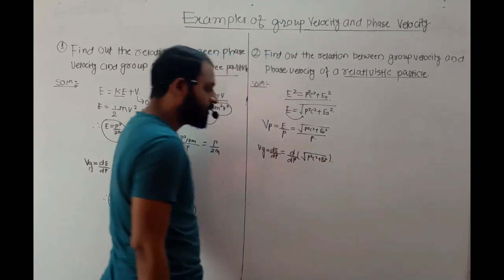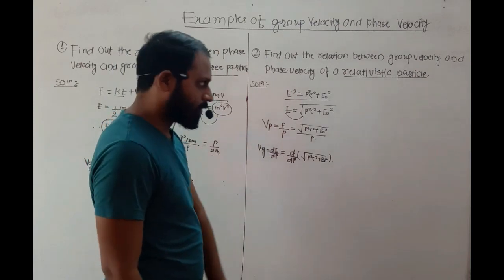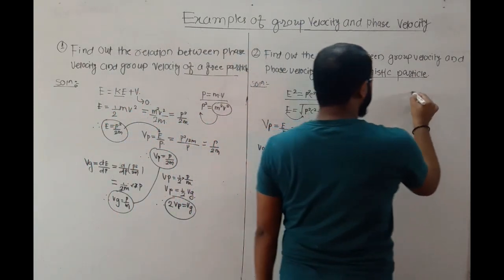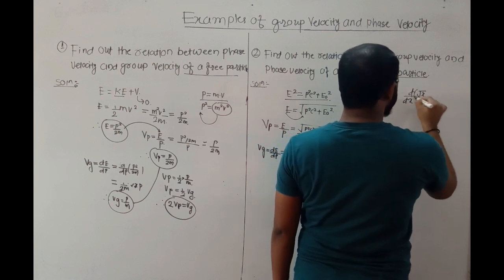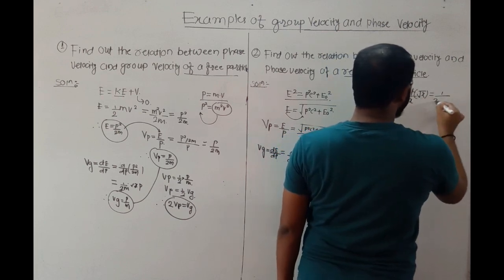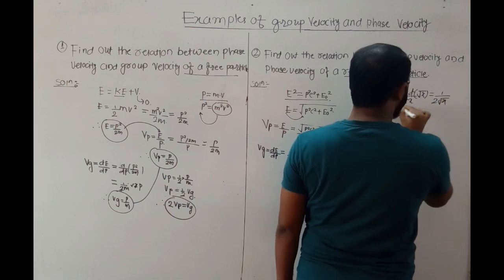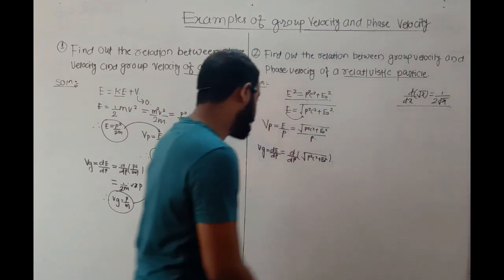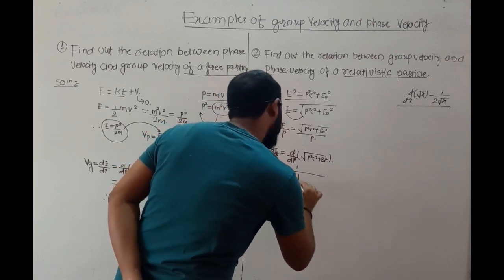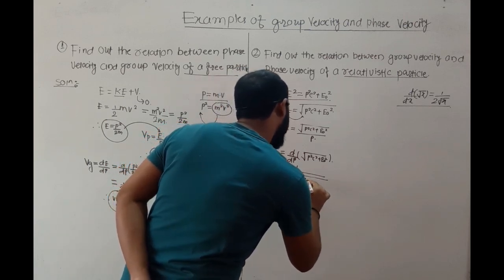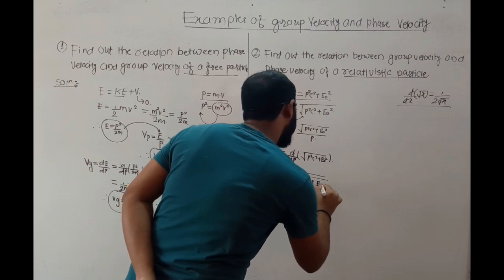Now see, the derivative of root x with respect to x is how many? 1 upon 2 root x. We just have to use this formula. So 1 upon 2 root of P square C square plus E naught square.